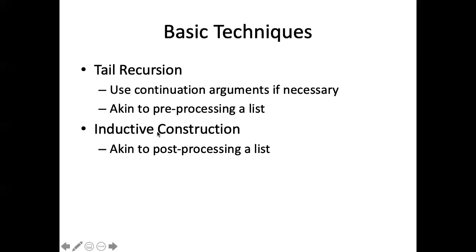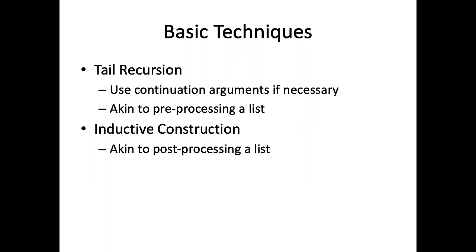Whereas inductive construction is more akin to post-processing, meaning you will get a result and then do some computation after you have the result. You process the remaining part of the list and get a result for it.